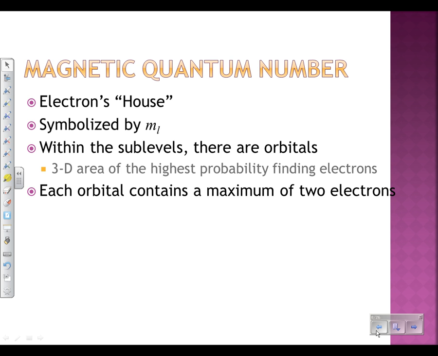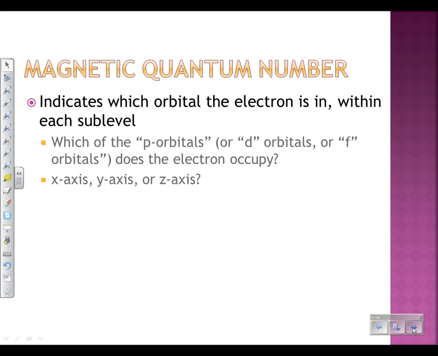What the magnetic quantum number does for us is indicate which of those orbitals the electron is in. For example, we find that there are 3 p orbitals, so you have to distinguish one from the other. We already started implying that for p orbitals, those electrons will exist one on the x-axis, one on the y-axis, and one on the z-axis.